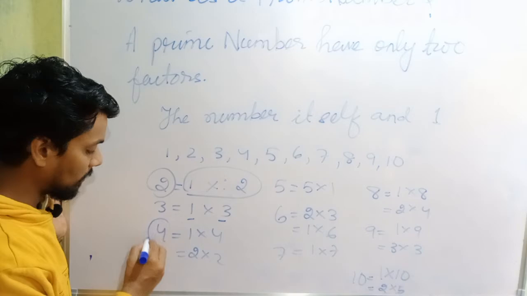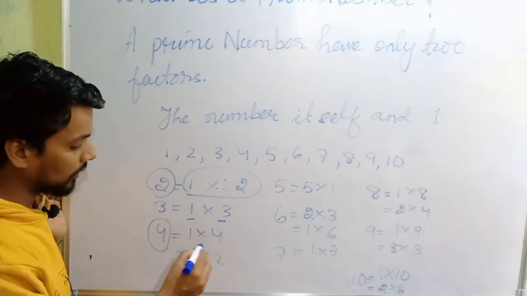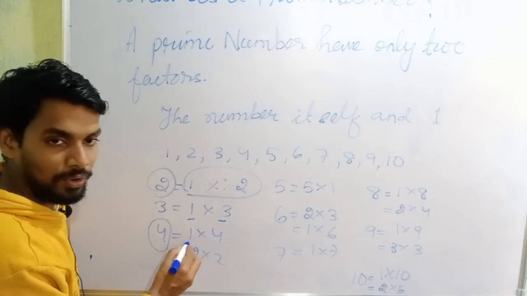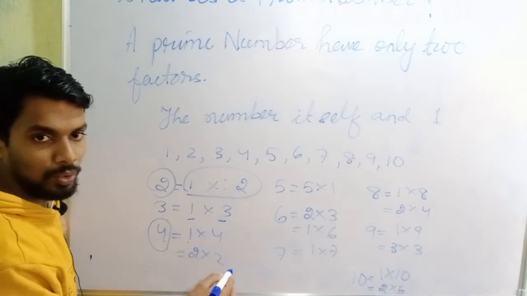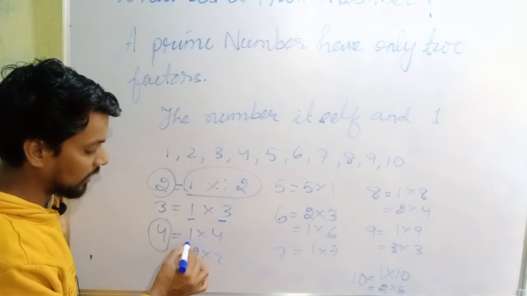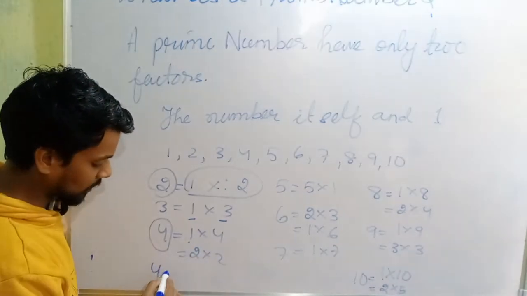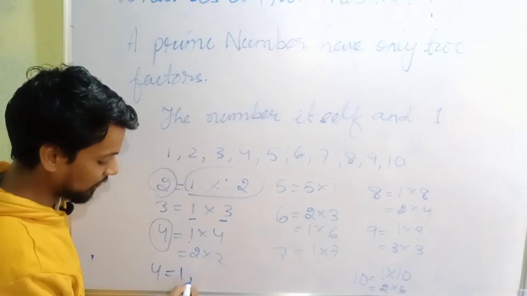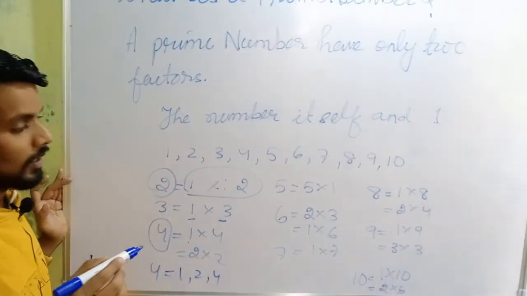But when I am considering 4, what is that? I'll have two types of combination. One is 1 into 4 and the second one is 2 into 2. Hope you are understanding. For 4 there are 3 factors, 1, 2 and 4.